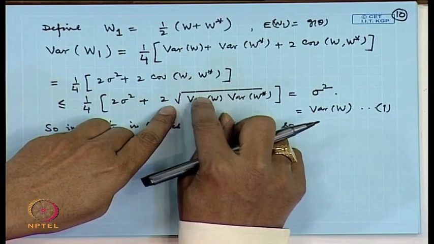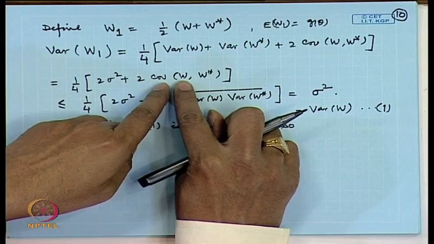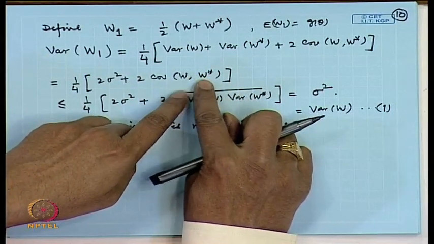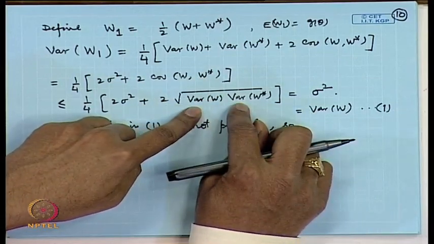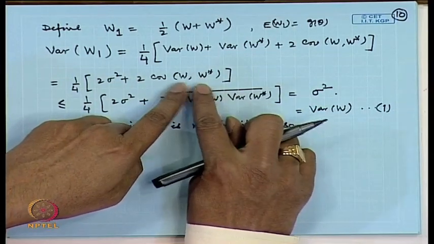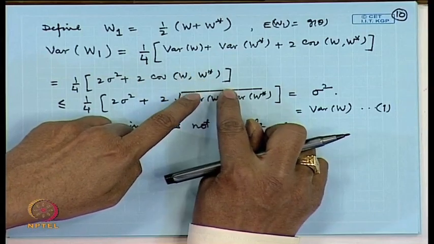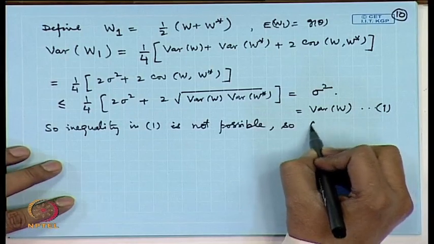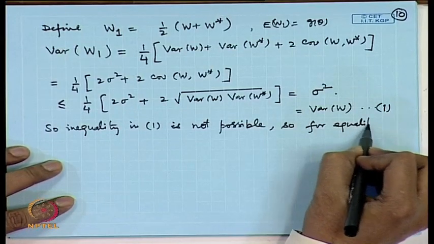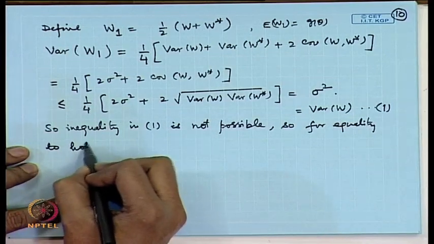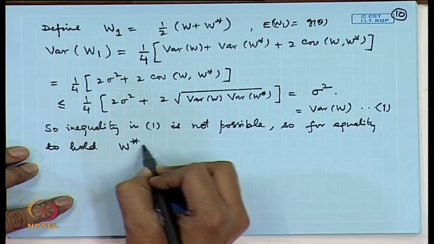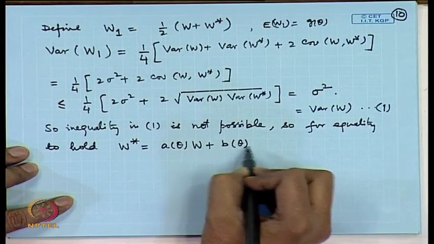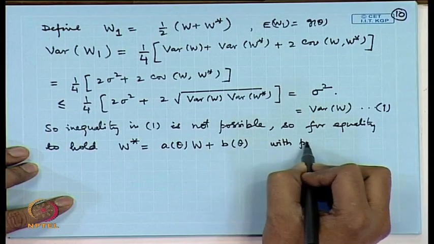Inequality came from this condition of the correlation between W and W star being less than 1. So, that means correlation must be 1, that is covariance is equal to the square root of the variances. That means, W and W star are linearly related with probability 1. So, for equality to hold, W star must be linearly related to W with probability 1.